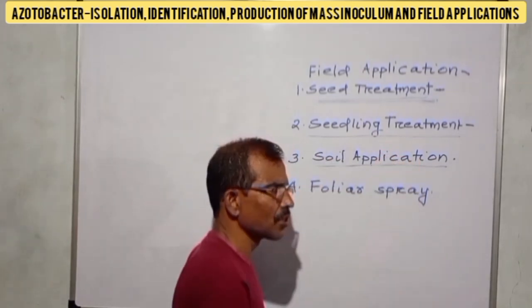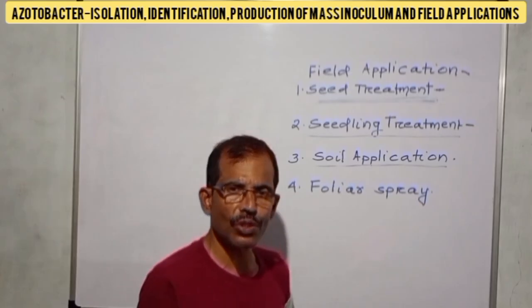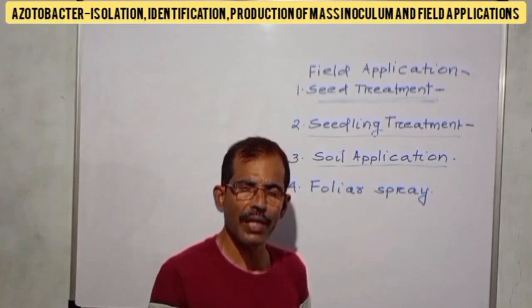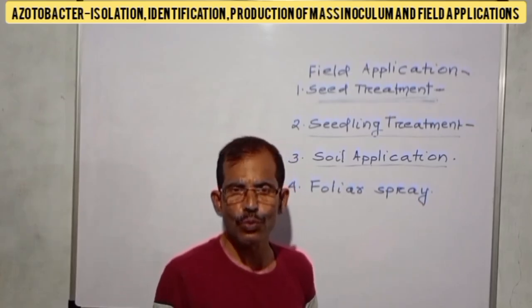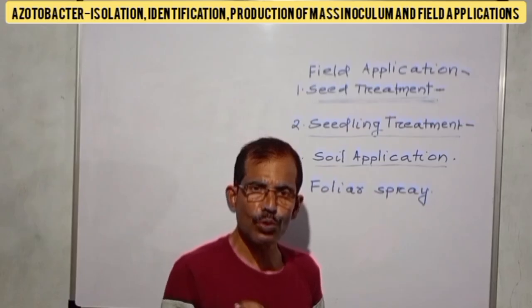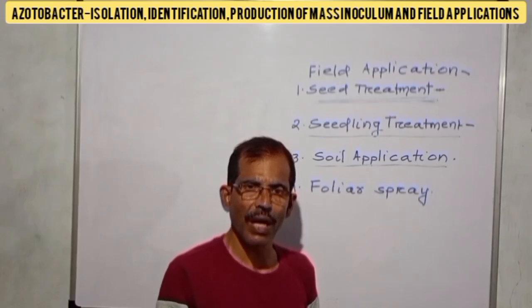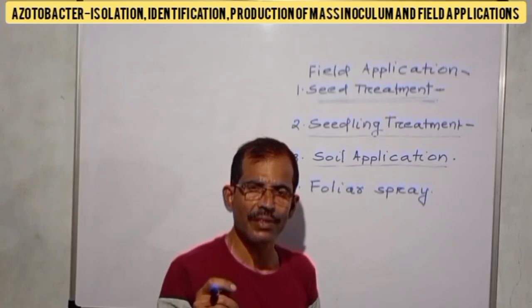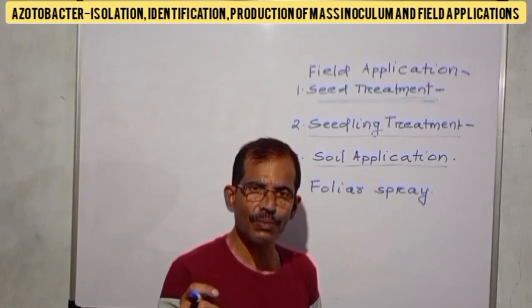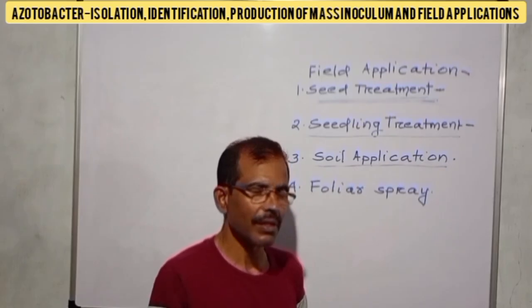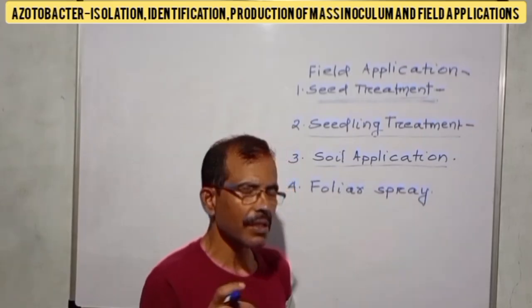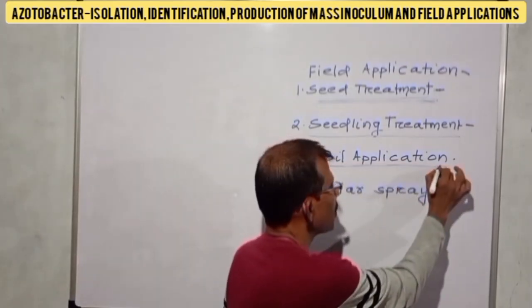Second method is seedling treatment, for which a suspension is prepared by adding azotobacter to water. The roots of the seedlings to be transplanted are dipped in the suspension for few minutes and are then transplanted in the field. Third method is soil application.